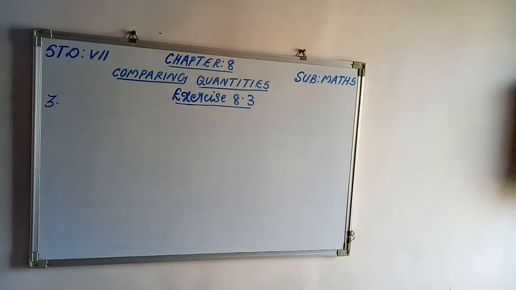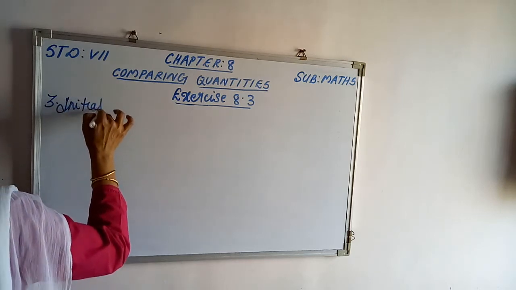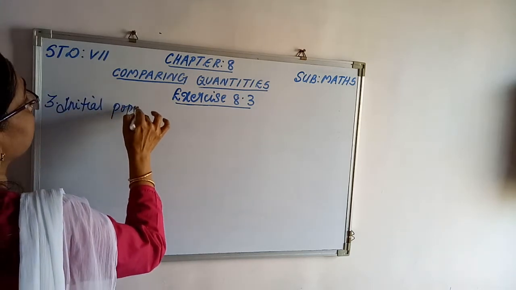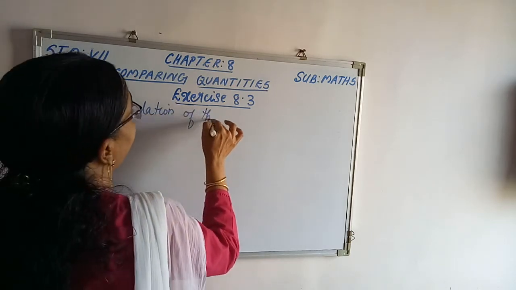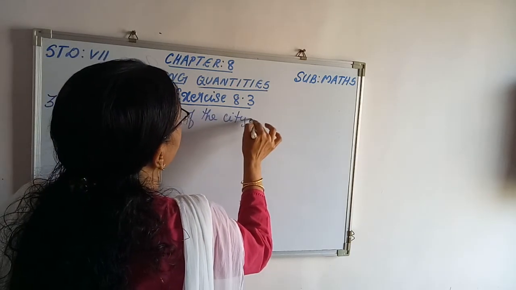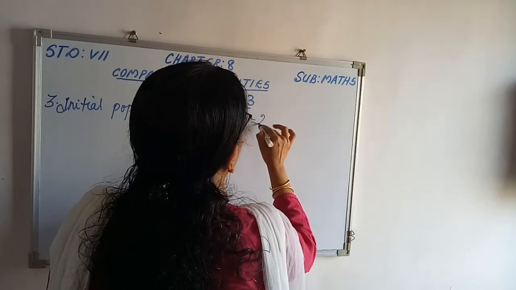So first we can write the initial population of the city. So initial population of the city, that's equal to 25,000.